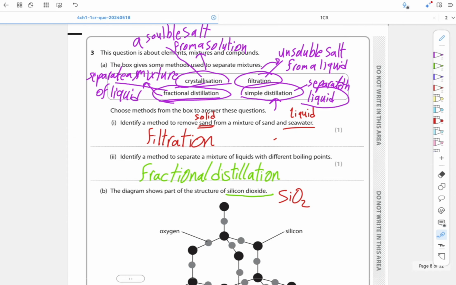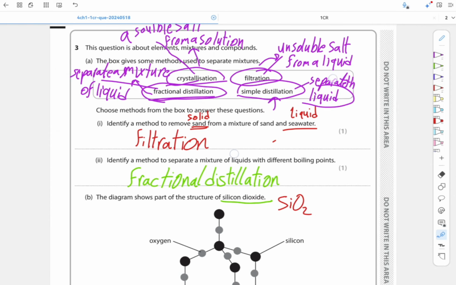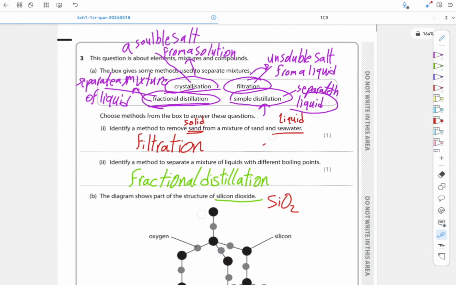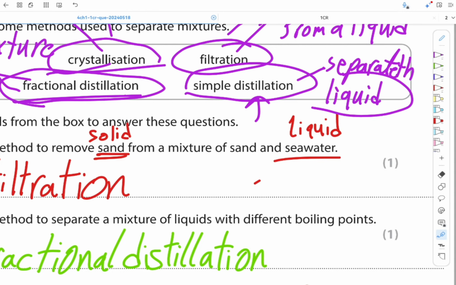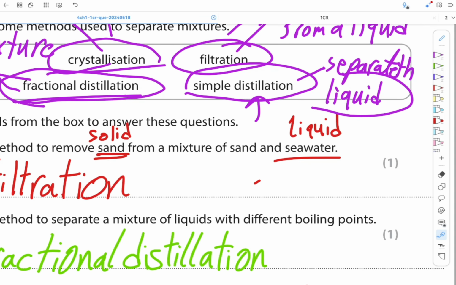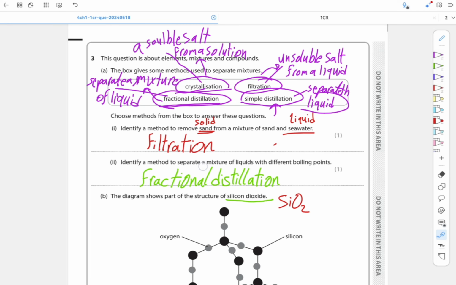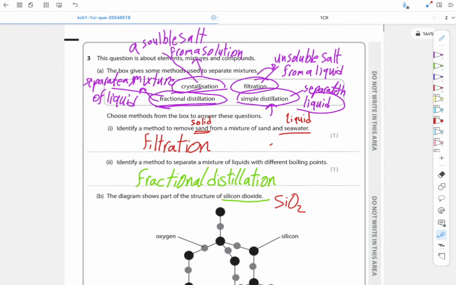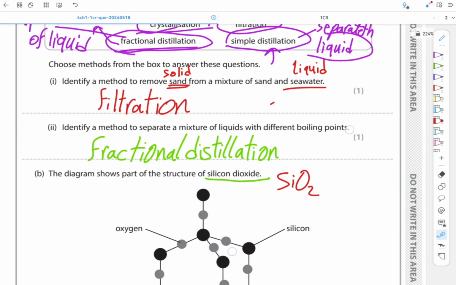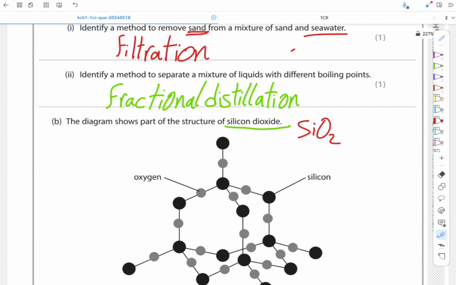I would like to remind you, my friends, not to confuse it with simple distillation, because in simple distillation we have a solvent, for example water, and this water contains a lot of, let's say, soluble and insoluble components with it. So as we know, my friends, here we target the solvent or the liquid. In here we have a mixture of liquids. So let's continue.